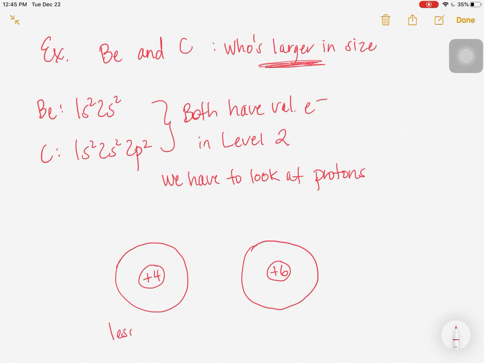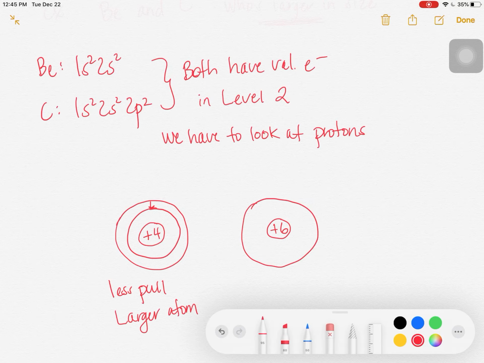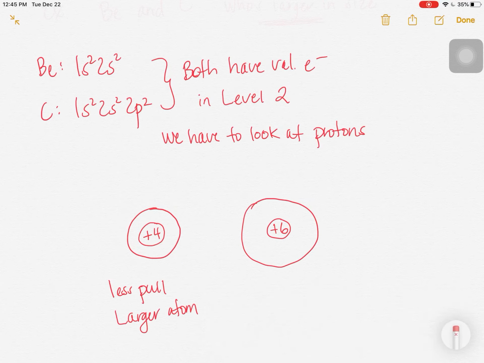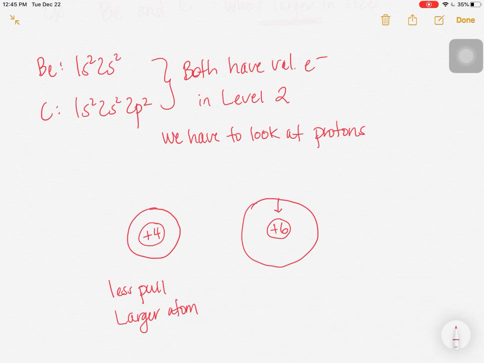So because beryllium has less pull from the nucleus, 4 instead of 6, it's going to be the larger atom, okay? Because maybe beryllium pulls its electrons to like right here. And so then my atom will look like this in size, okay? But carbon, who's got 2 more protons, maybe carbon pulls its electrons to here. And look what happened, right?